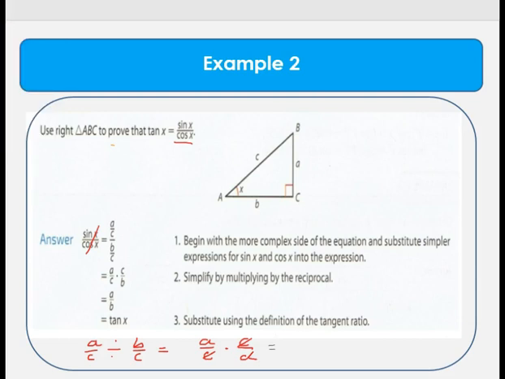And we end up with a over c divided by b over c equaling a over b. I just noted this. That was a b, sorry, I wrote a d. So once again, let me just restate this, and I'll make a little correction here.